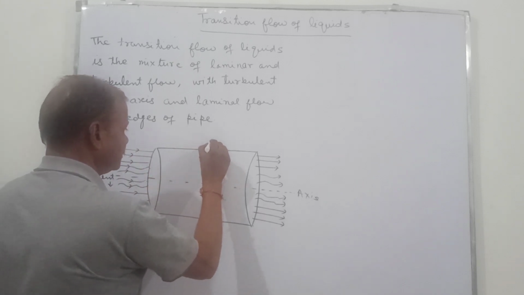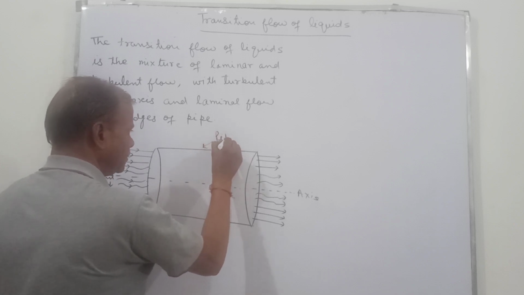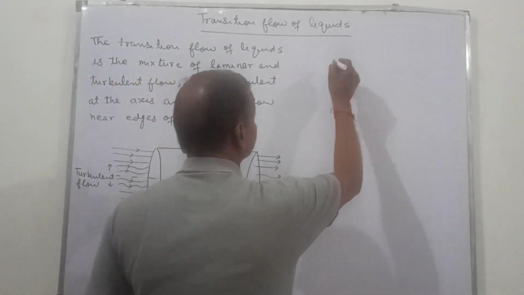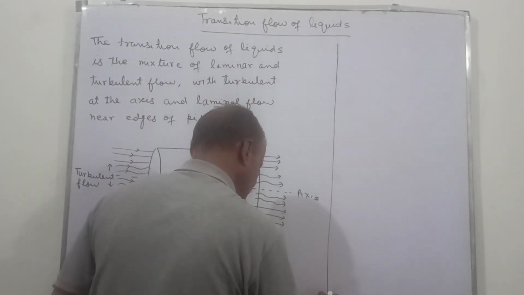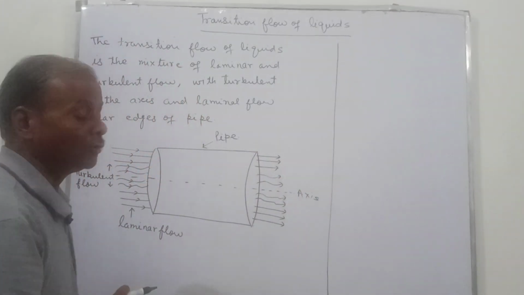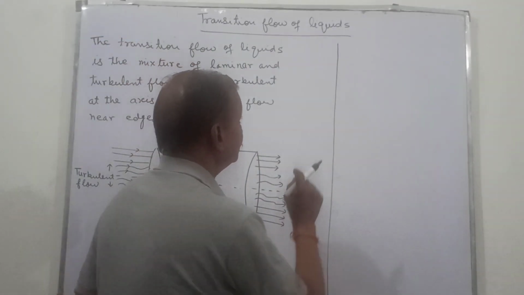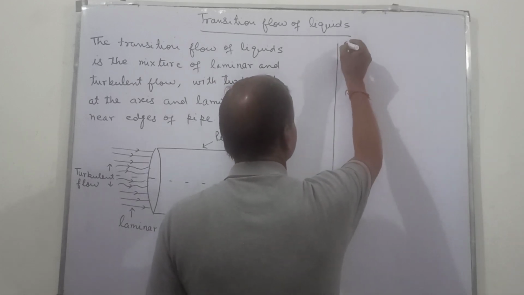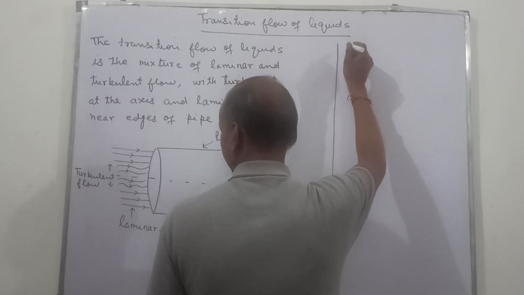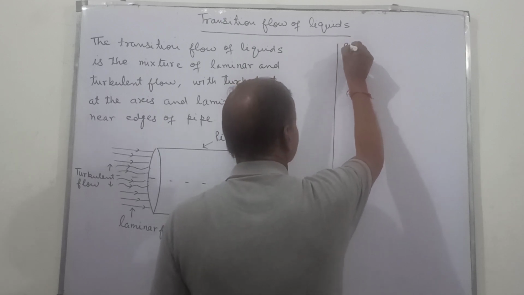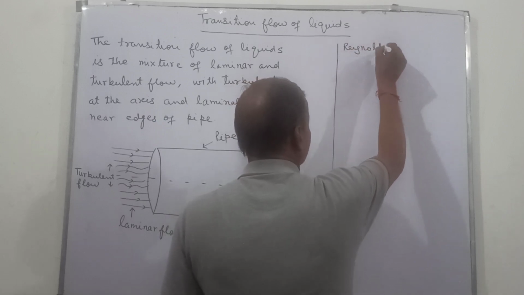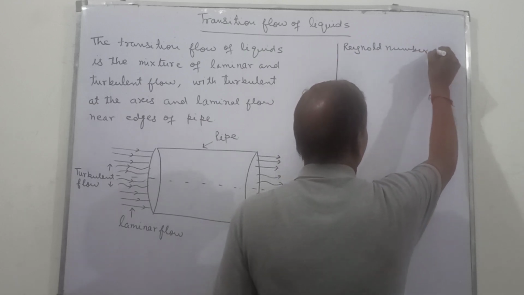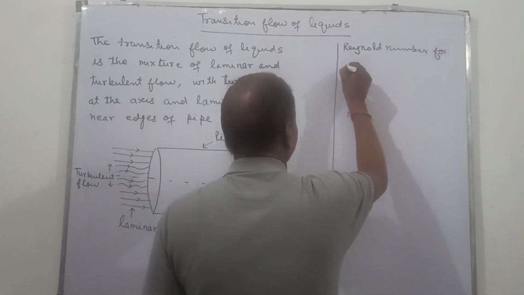So this is the pipe. Now we can have the Reynolds number for laminar flow.